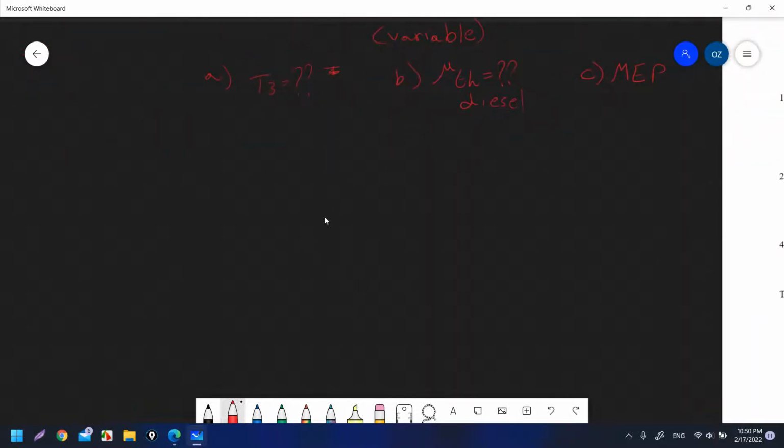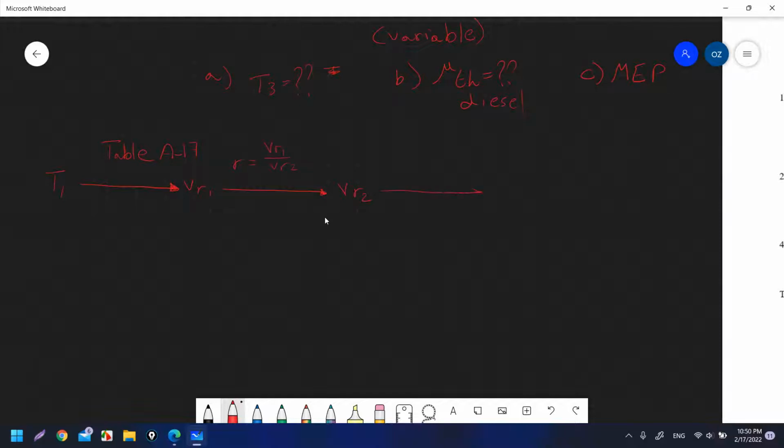So let's draw this process. T1 will give me VR1, using table A17. Then from VR1 I can use the equation for the compression ratio, R equal to VR1 over VR2, to find VR2.